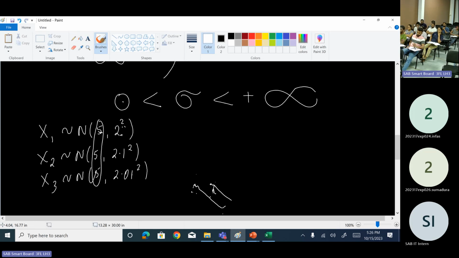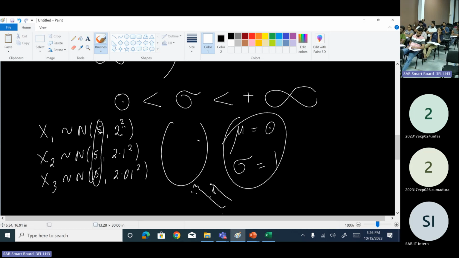From that huge collection, you take one variable which has mean 0 and standard deviation 1. Is mu 0 possible there? Yes. Standard deviation 1 possible there? Yes. So I picked that normal variable and I call it the standard normal variable.